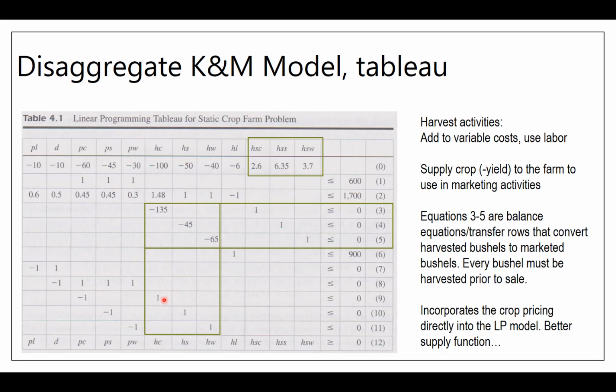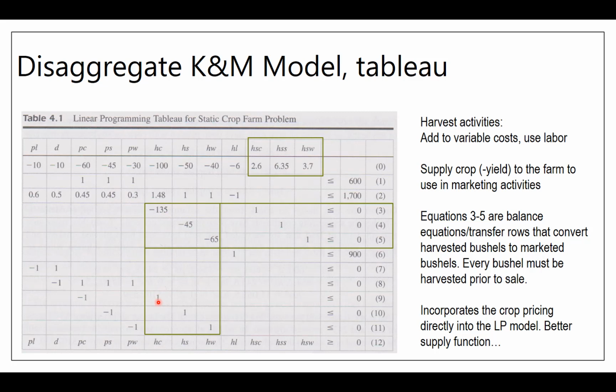And so you need another one of these negative positive relationships, and you move up here, and that's what this is. This is a balance equation or a transfer equation. You'll see me call them transfer equations. You transform the 1 acre of harvested corn into 135 bushels of corn, in other units.